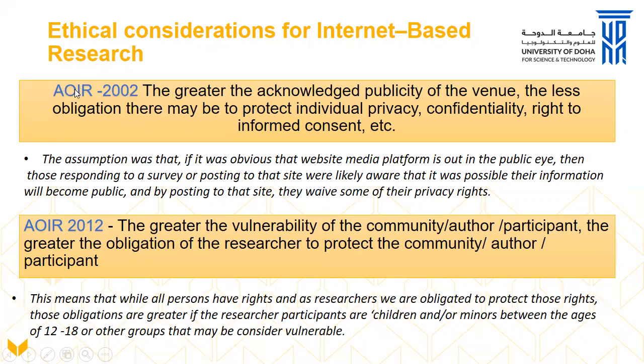The 2002 standard from the Association of Internet Researchers was that you protect the privacy, confidentiality and informed consent of the individual. So that was the focus on the individual, that we protect their privacy and their confidentiality.